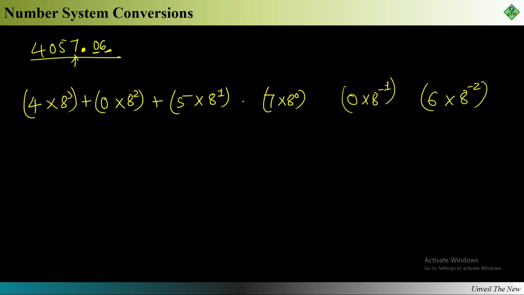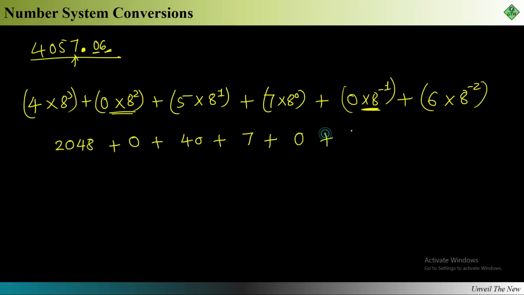Now we will add all of them. 8 raised to 3 is 512, and 512 into 4 ends up as 2048. 0 into 8 raised to 2 is 0, 5 into 8 is 40, and 7 into 8 raised to 0 is 7. 0 into 8 raised to -1 is 0, and 6 into 8 raised to -2 means 6 divided by 8 divided by 8, so that will be 0.09375.